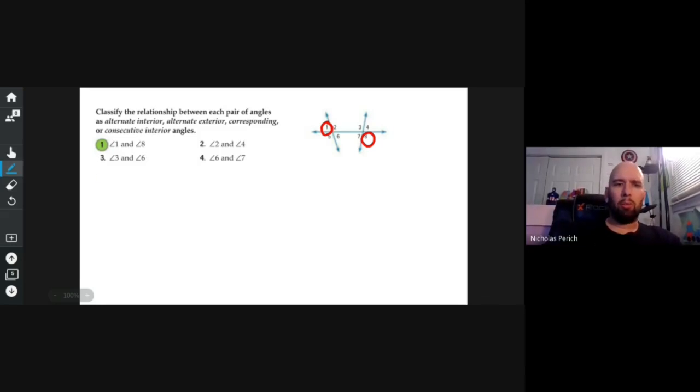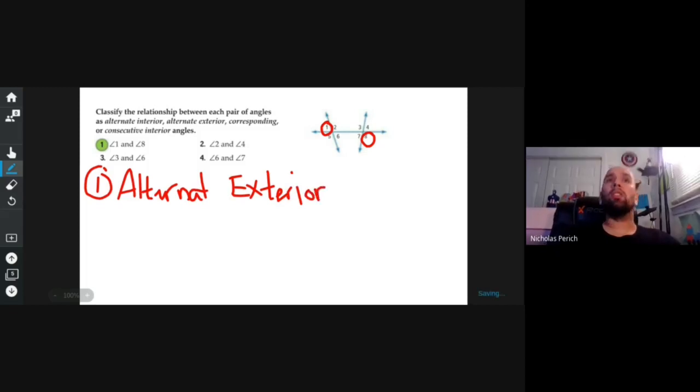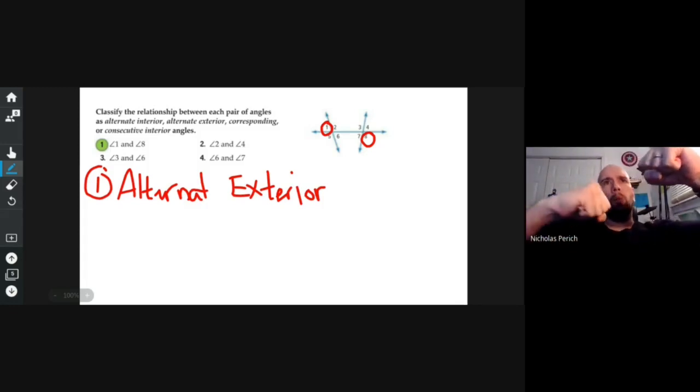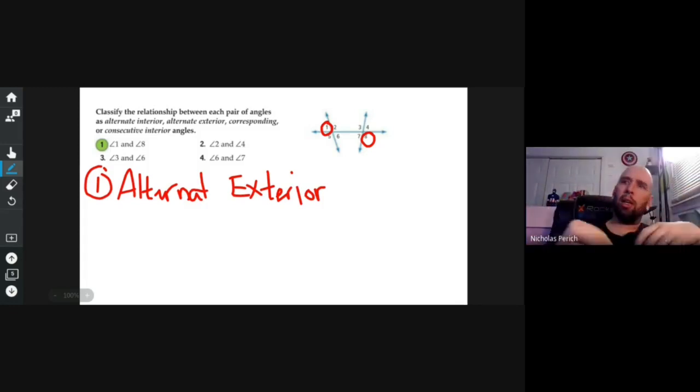And I'll just rewrite 1. It would be alt-ext. Because first off, they're on the outside. That's what gives it the exterior name. And since 1's on this side, so you can't see my fist, and 1's on the other side of the line, they alternate. And of course, there's an E there.